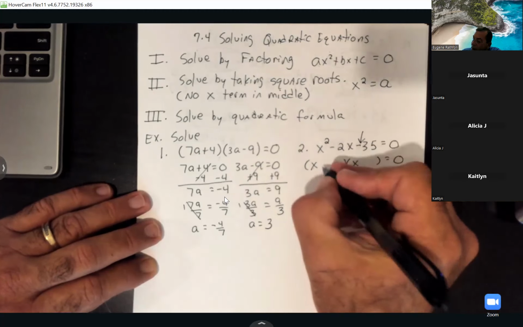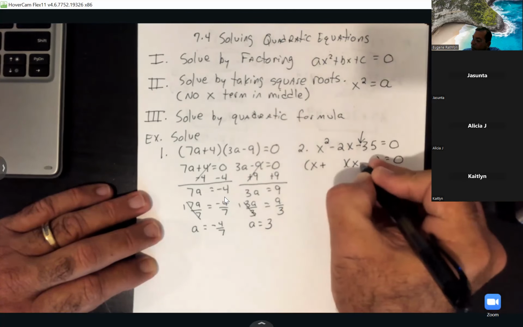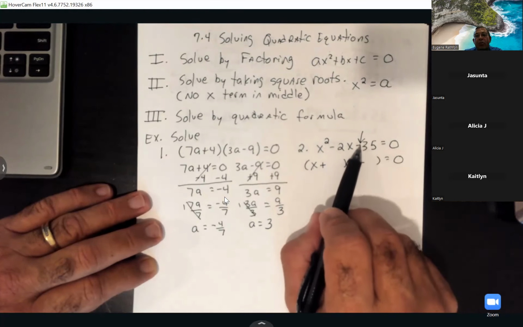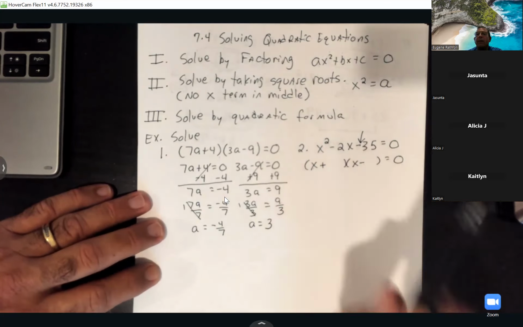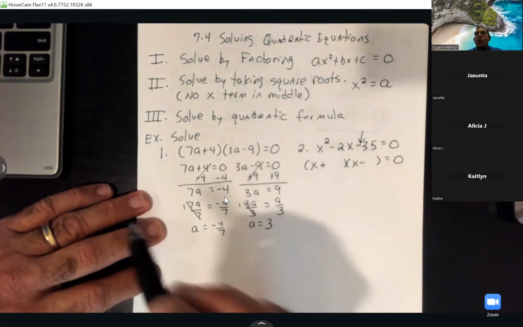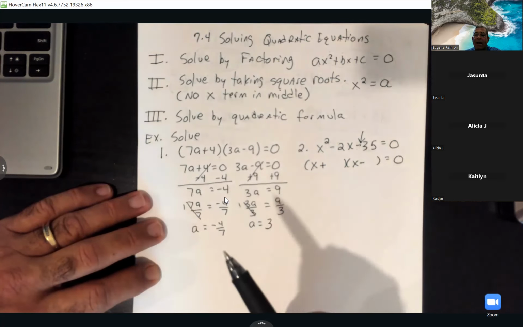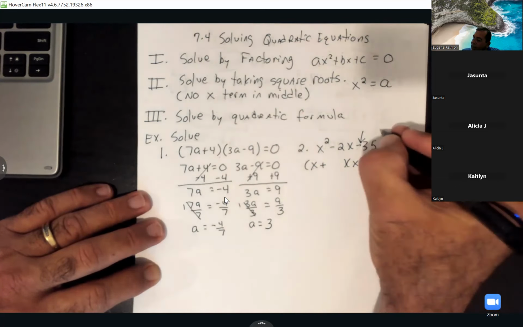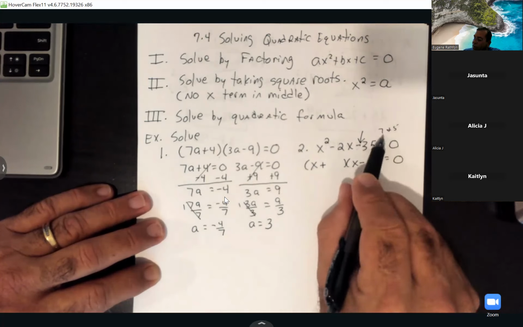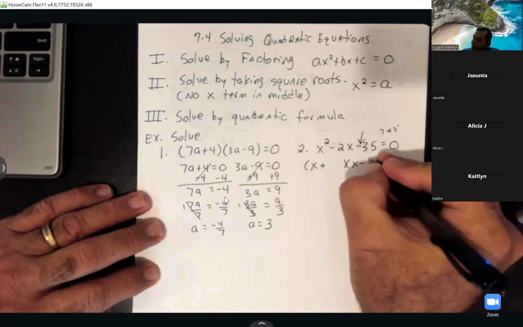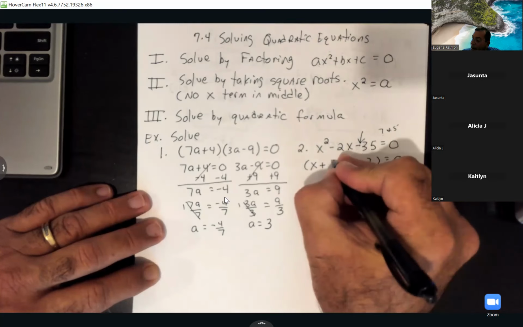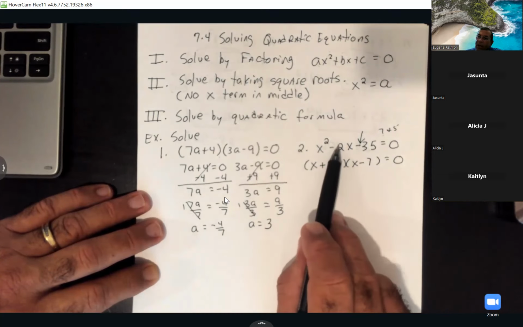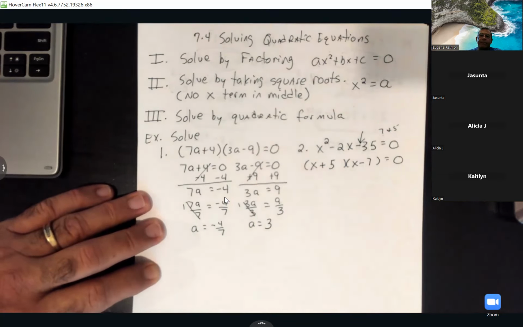Since that's negative, one of my factors is positive, one of my factors is negative. Now I need factors of 35 that subtract to get a 2. So if you look at all your factors of 35, that's 1 and 35, and then 7 and 5. The ones that'll give me a 2 are 7 and 5, okay? Remember, the larger number has the same sign as the middle. So the 7 has to be negative at that point, and the 5 positive. Now remember, if you add these together, 5 and -7 will give you a -2 like you need, okay?